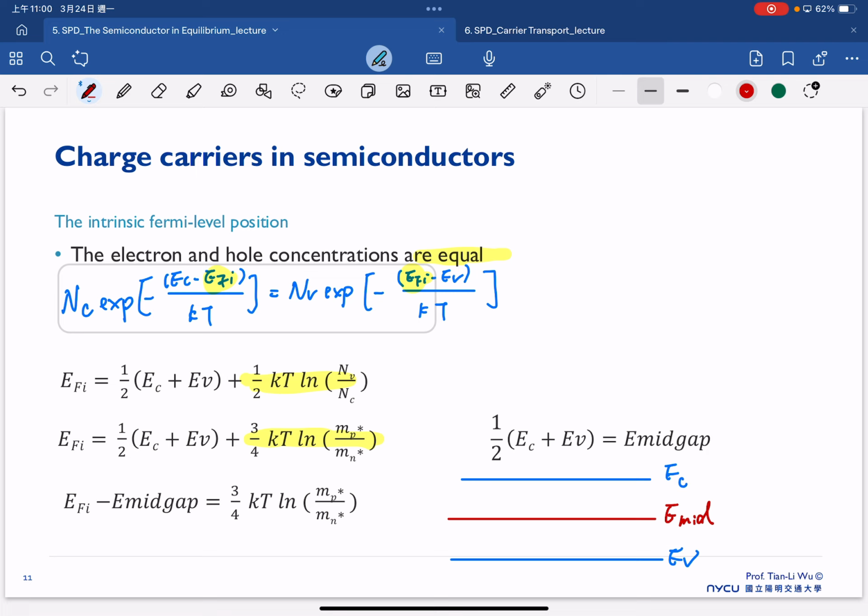So we define EC plus EV over 2 as the mid gap. Now we can understand that the intrinsic Fermi energy is not exactly at the mid gap. There's a slight difference.